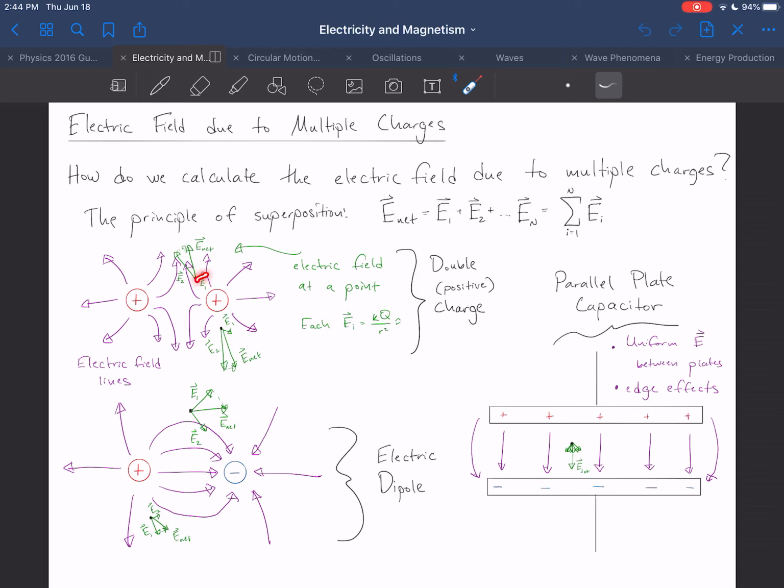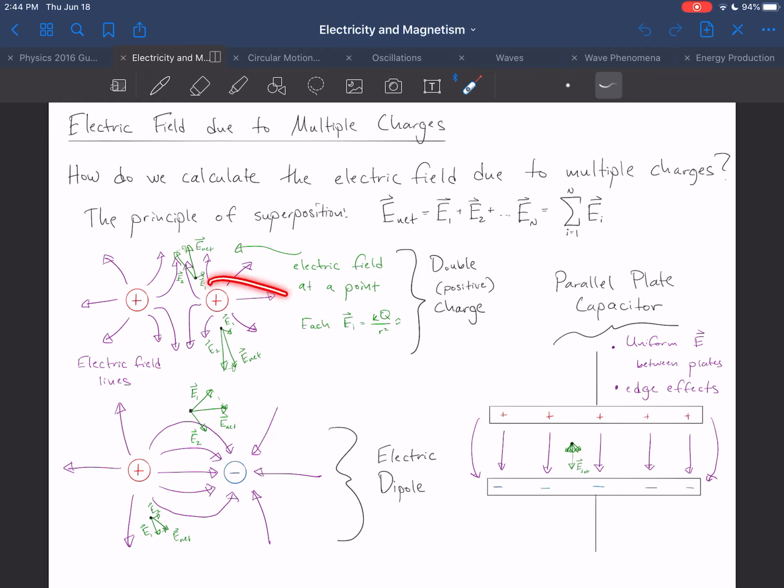We take E1, add it tip to tail to E2, and that gives us E net, the net electric field at this point. So the net electric field right there is actually slightly up. That makes sense, because if you put a little positive charge right here, it's going to feel pushed upwards, but a little more away from this one than from this one. That's why you have that bend.